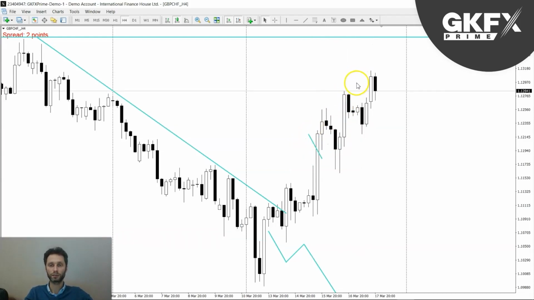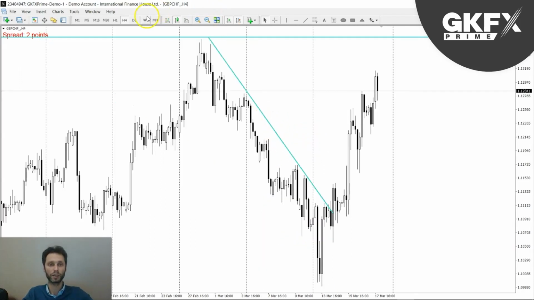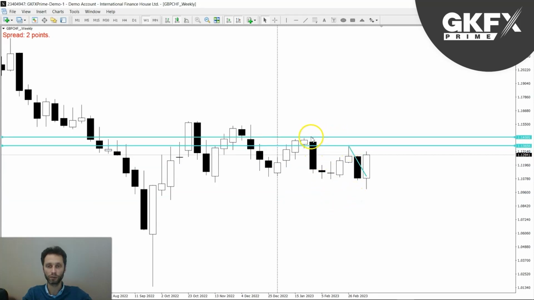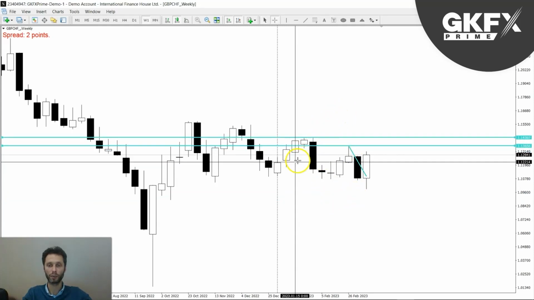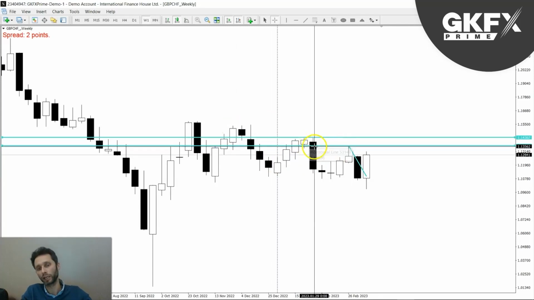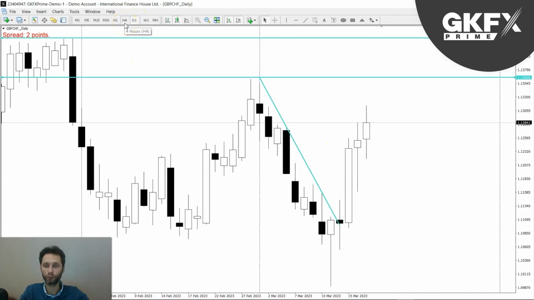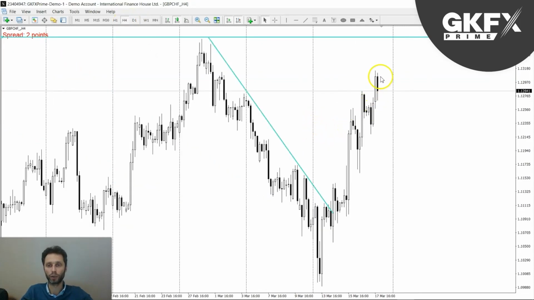So what next for pound Swiss? Well, looking to go higher based on what we can see so far. So here's that candle that engulfed the previous week, and now I'd be looking for this level right here. This is the obvious one, and then the next one up would be up here. We're still kind of in a choppy market overall, so I would be more careful here and see where price goes.